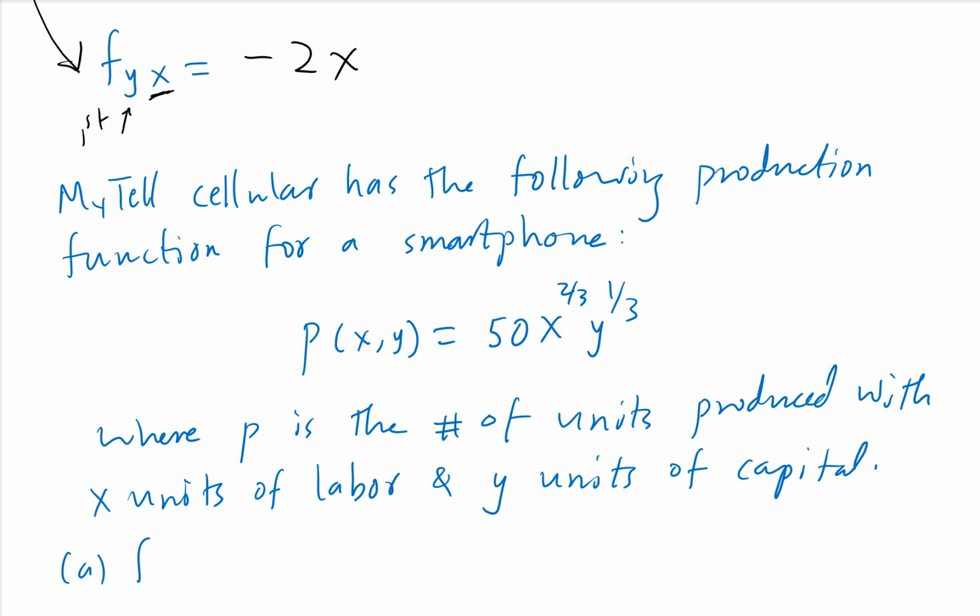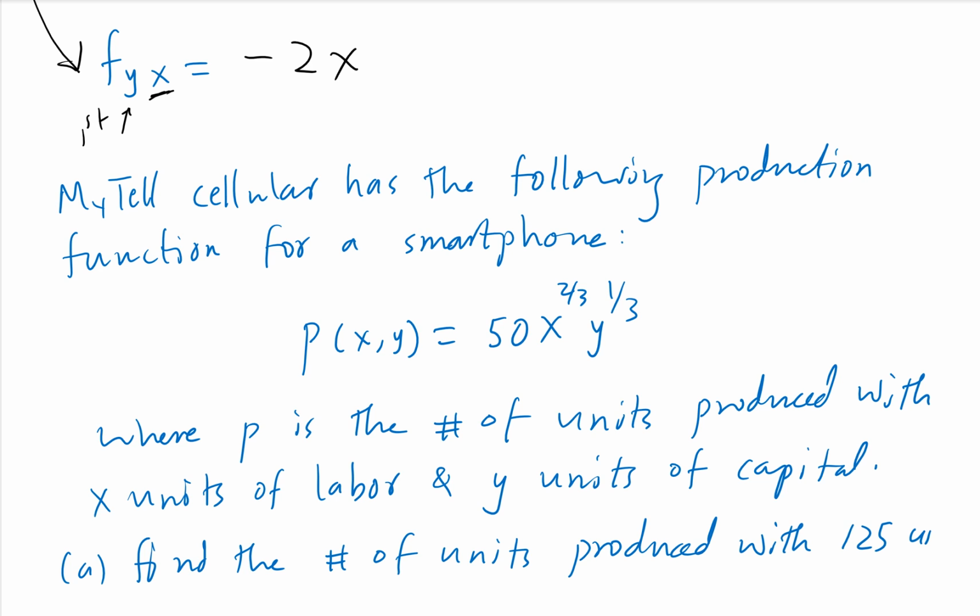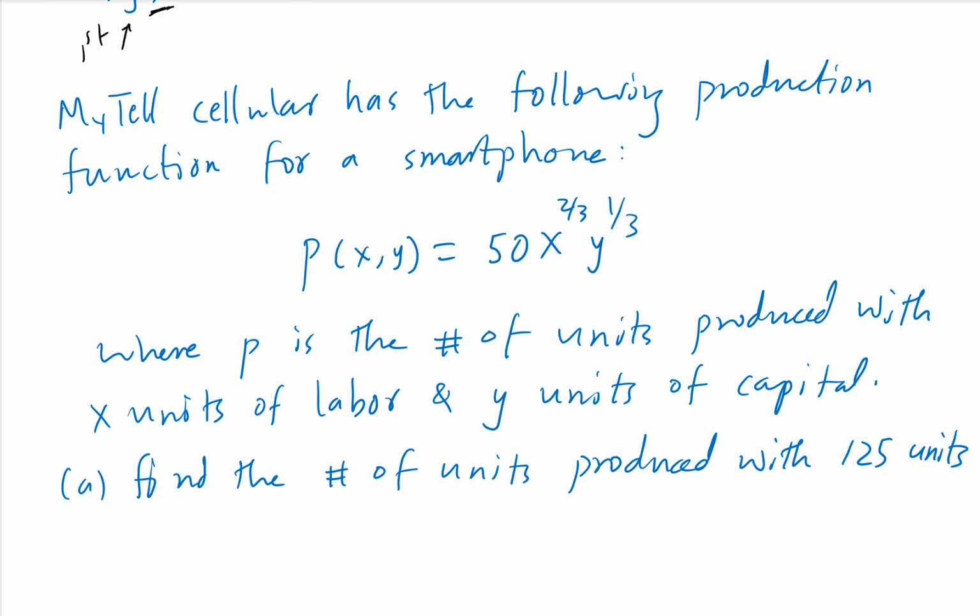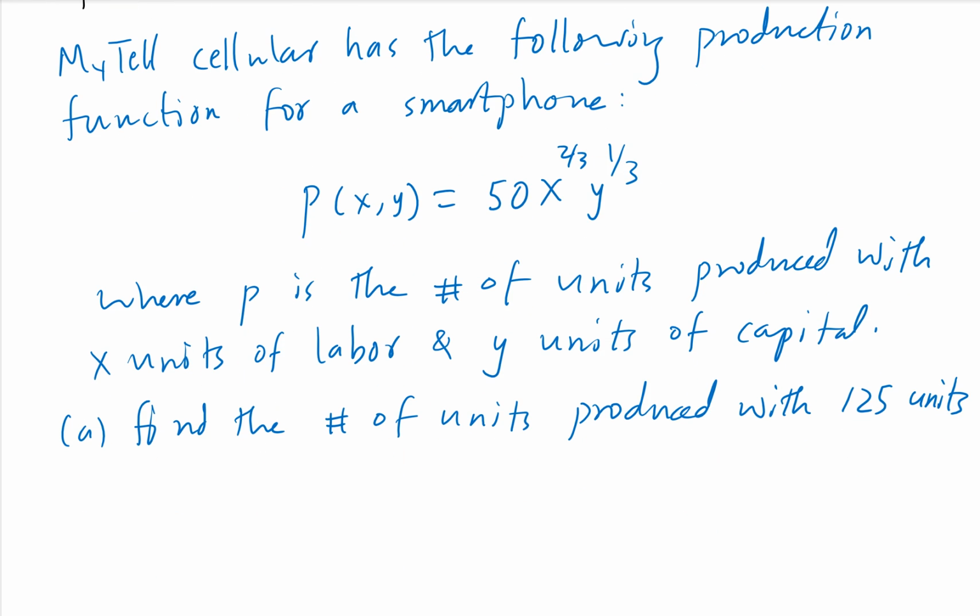Part A, find the number of units produced with 125 units of labor and 64 units of capital.